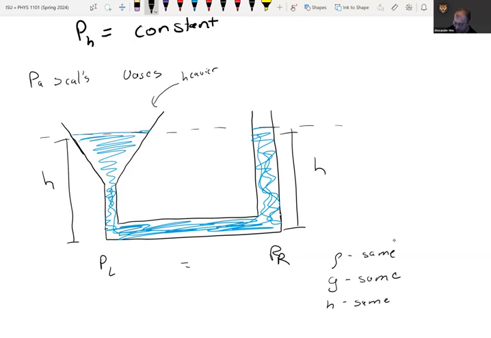So as long as you're dealing with the same fluid, you'll have equal heights. Now, something interesting can happen if you start mixing fluids. If you put oil on one side, you can actually get the level to be higher on one side than the other. This is worth observing if you ever get the chance.